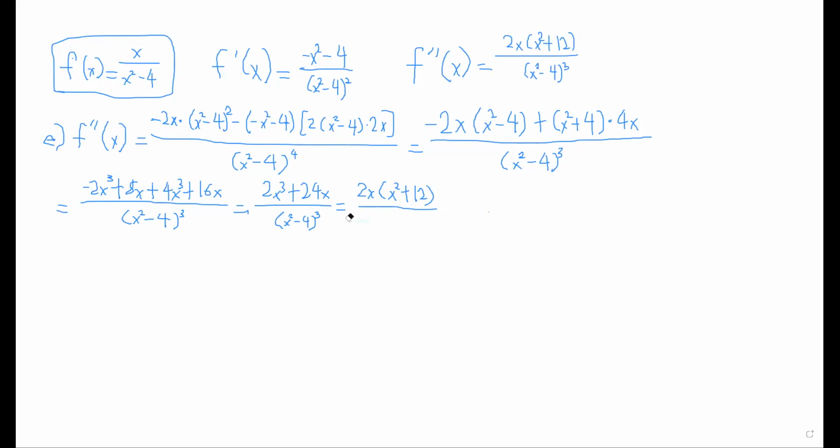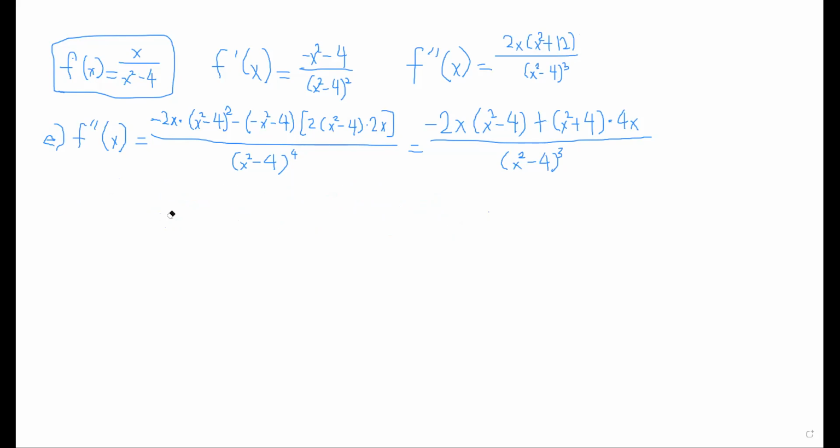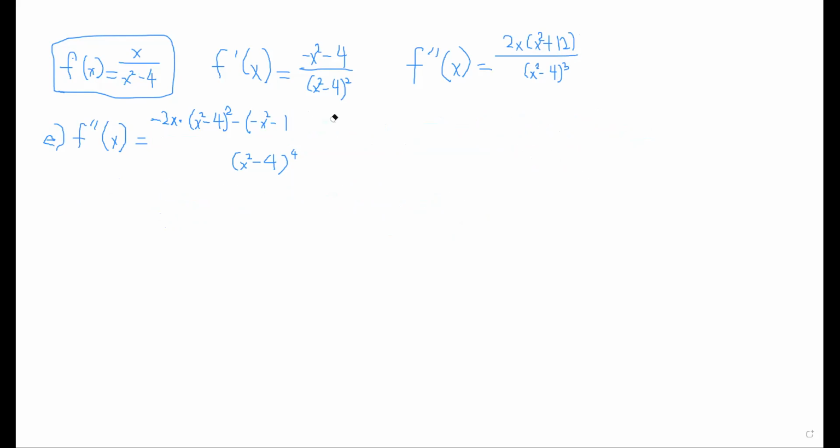I'm just going to erase how I found the second derivative here. It's also good practice for you, if you're shaky on finding derivatives with the division rule, then this is a great opportunity for you to practice.